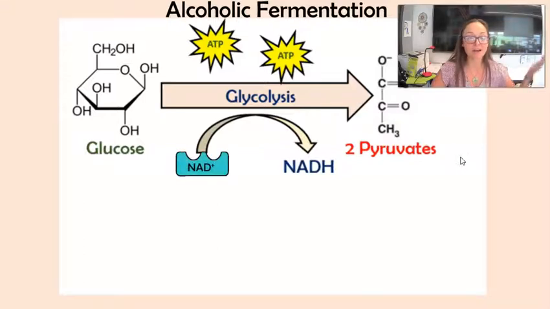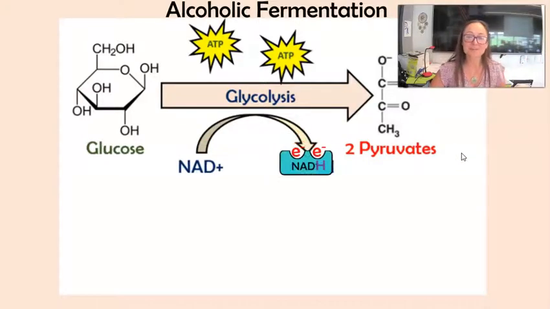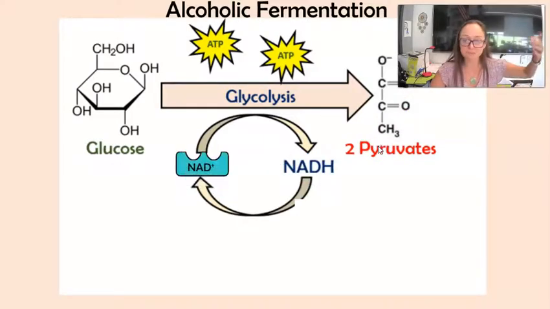During glycolysis, the electron carrier picks up 2 electrons and a hydrogen, which we call reduced. Again, without the electron transport chain, we need to somehow put these electrons and hydrogen somewhere. We need to oxidize this electron carrier. So in alcoholic fermentation, the electrons and the hydrogen are added to pyruvate. This will allow NAD+ to reform, and we can continue glycolysis.